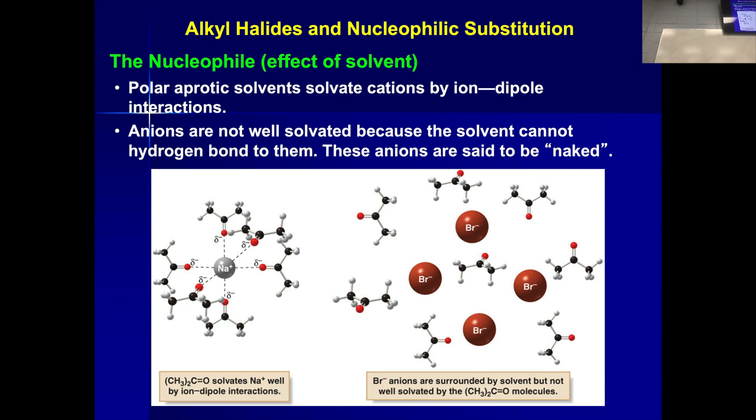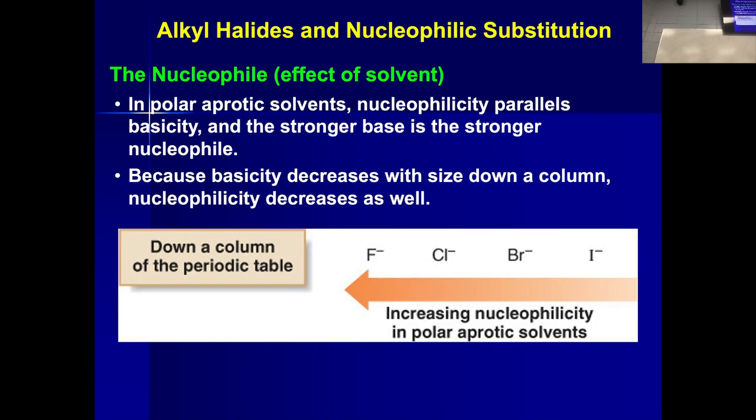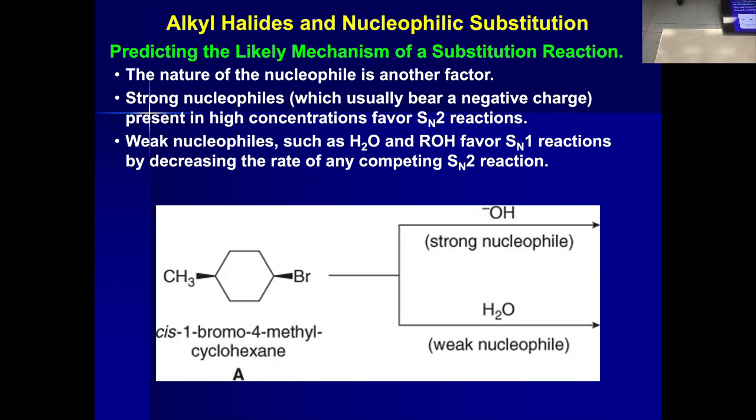The product's exactly the same, but the rate at which the reaction occurs is very different. And so it turns out that it's exactly the opposite when you're talking about polar aprotic solvents. Fluoride is actually a pretty good nucleophile in things like acetone, whereas iodide is a little less good. So the trends reverse. Okay?